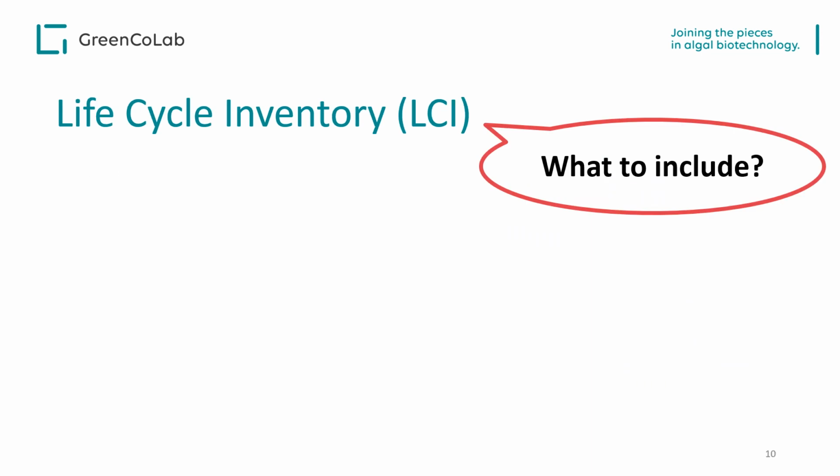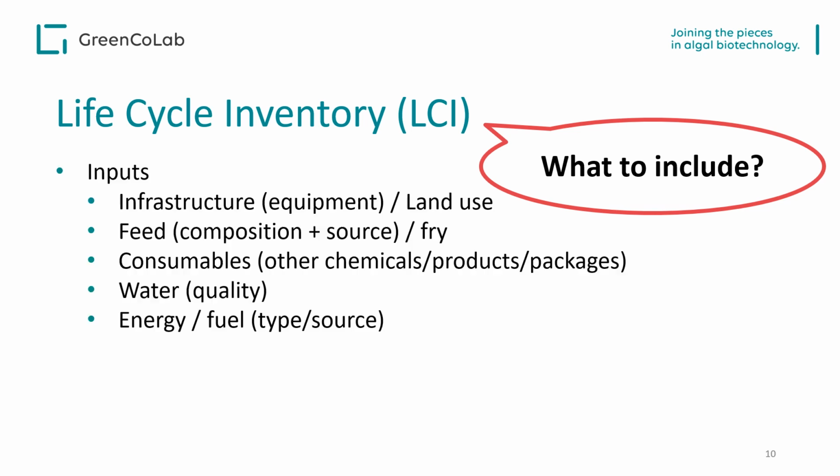After the definition of the goal and scope, we need to collect the system data and make the life cycle inventory. So what should we include as our inputs and outputs? As inputs, it's important to include the infrastructure and the equipment used, as well as the land used and the prior uses of that. The fries or larvae and the feed, including compositions and source.